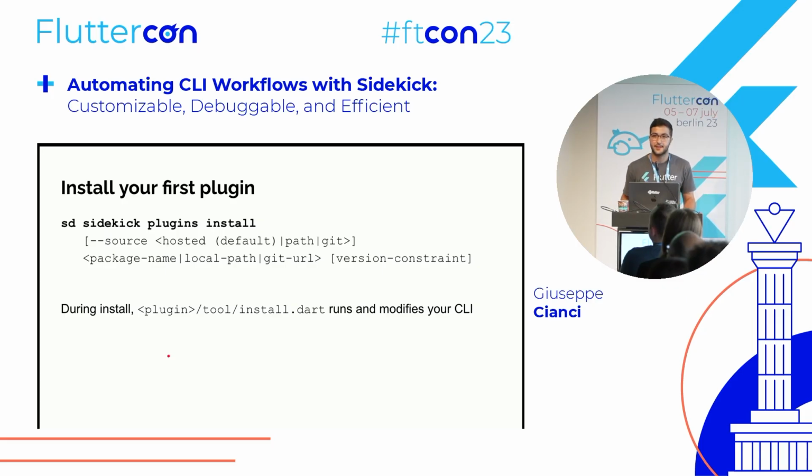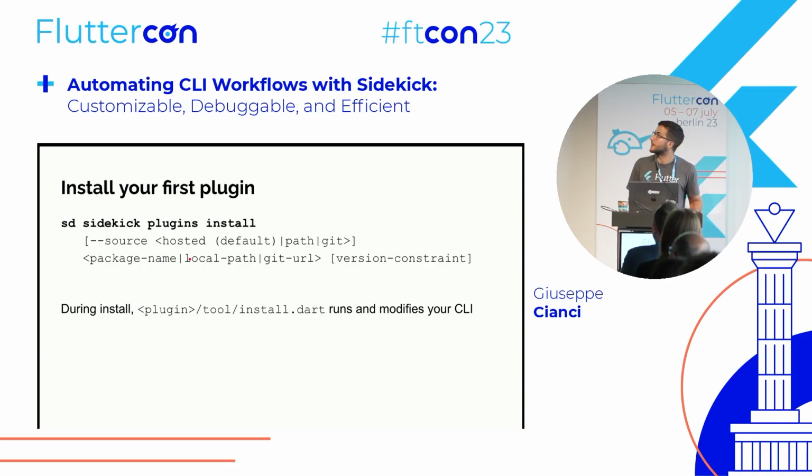You can install plugins for Sidekick from a lot of sources, from local paths, from Git repositories, from pub.dev or other pub servers. And to do this, you can use the SD sidekick plugins install subcommand. Say which source you want to install from. By default, it's from pub.dev, and then give it a package name, local path, or Git repository. You can also pass a specific version if you want to.